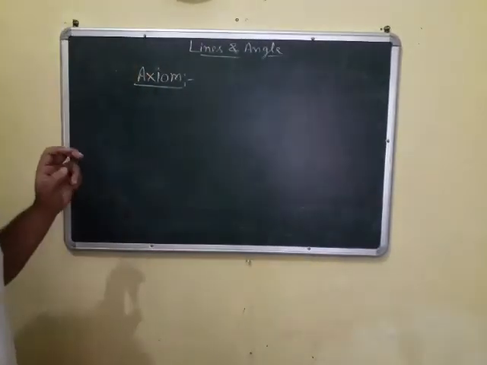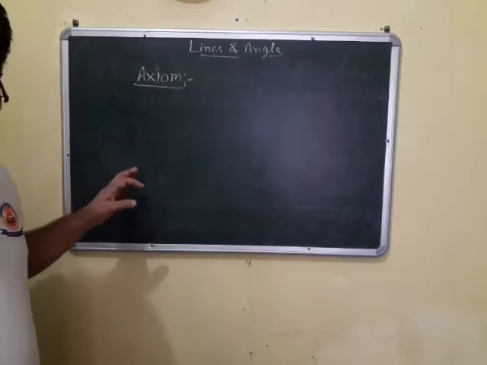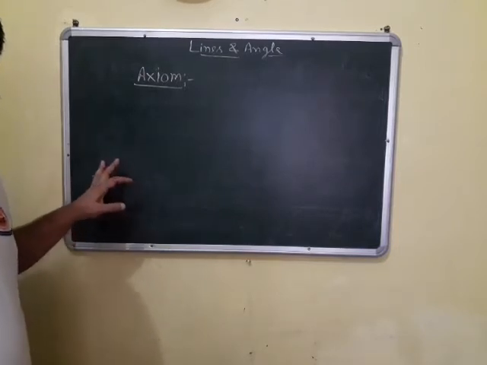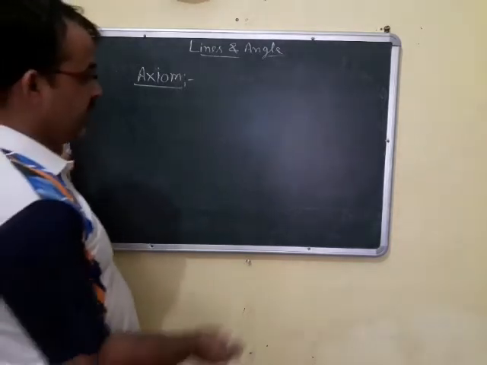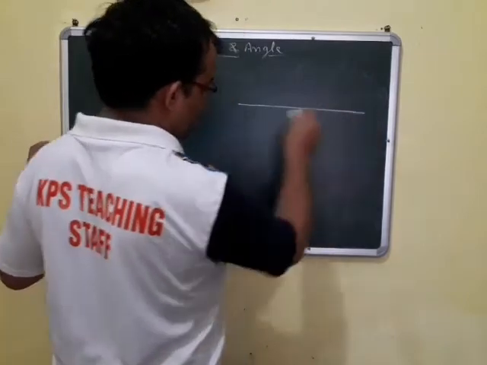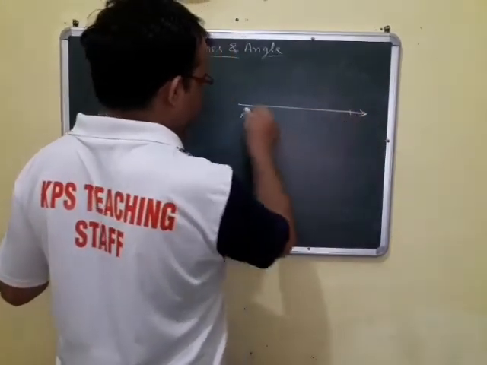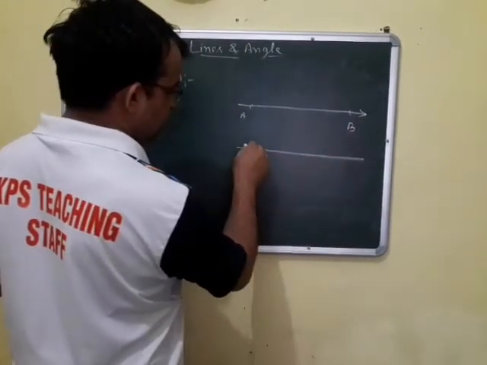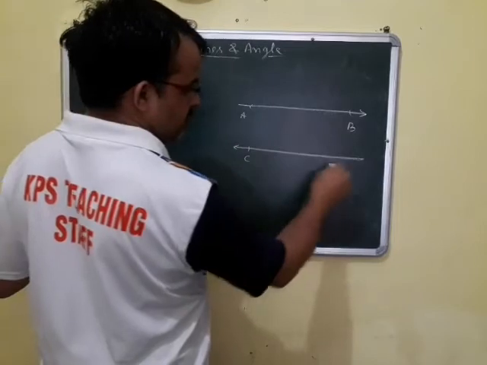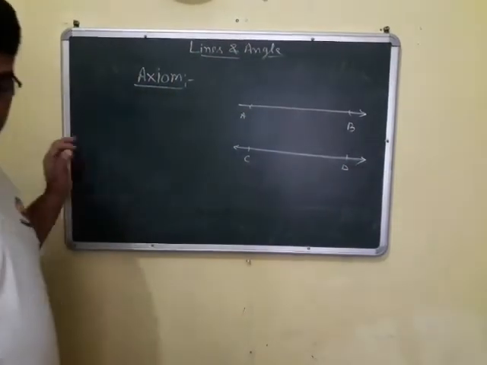Axiom here given that if a transversal intersects two lines such that a pair of corresponding angles is equal, then the lines are parallel. यहाँ पे वही कंडीशन कह रहा है कि two lines, line AB and CD are the parallel lines. Clear?